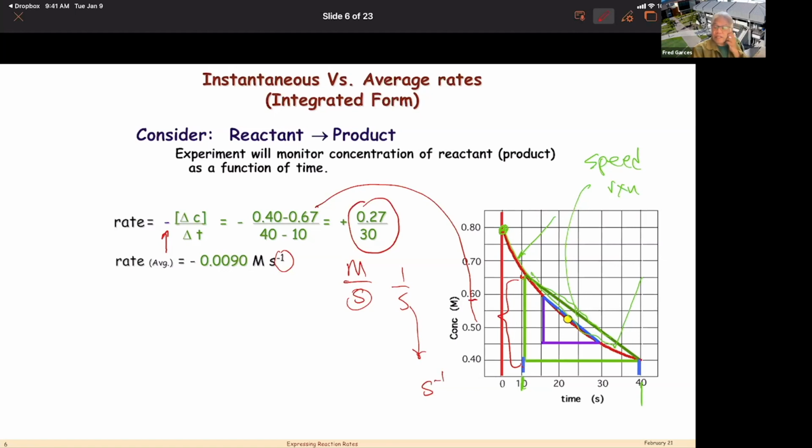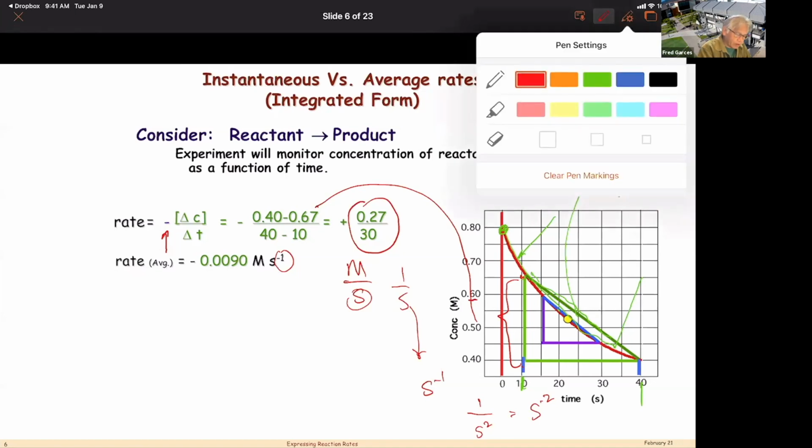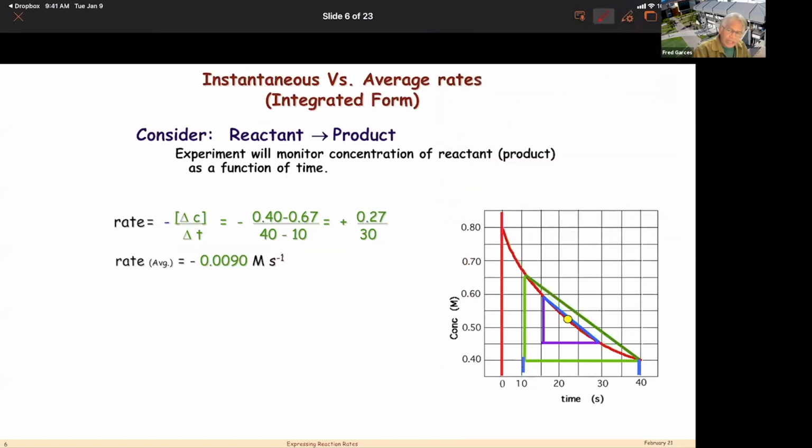Okay, and you'll see that a lot in this particular chapter. When you put it to the -2, then it's 1/s², that is equal to s to the -2. Okay, so that's just a little bit of the math trick that you guys are exposed to in this particular section. So that's the rate between that frame.